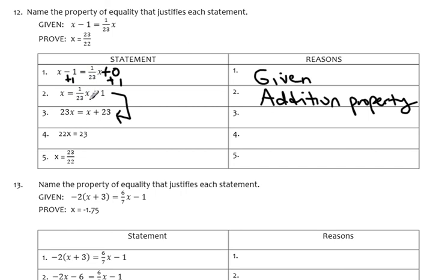A fraction represents division, and the only way to undo division is to multiply. Remember, opposite operations undo the operation. So we multiplied everything in our equation by 23. That's how x became 23x. That's how 1/23 became x. And that's how 1 became 23. We used our multiplication property to make everything bigger by 23.